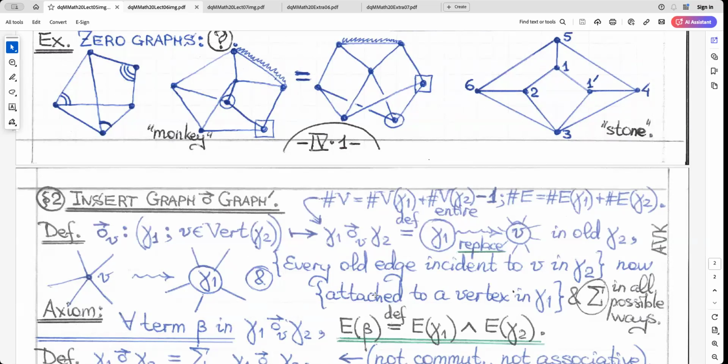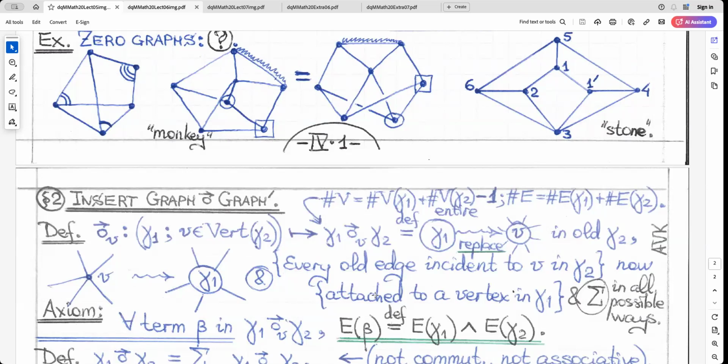First, let us assume that we have a graph gamma 1, a graph gamma 2, and our favorite vertex in the victim graph gamma 2. How do we define the insertion of gamma 1, the entire graph?